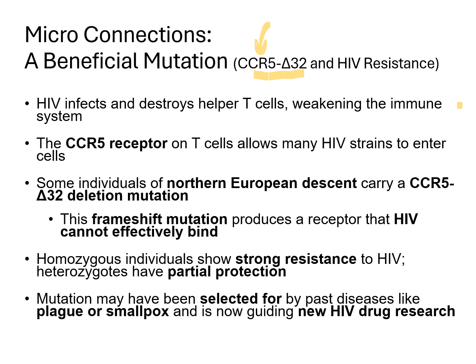But in this mutation, people that are homozygous, that have 2 copies of this mutated gene, lack a functional CCR5 receptor, and they're resistant to infection, whereas heterozygotes, which have only 1 copy of this mutation, have partial protection. So this mutation likely became common in Northern Europe due to natural selection, maybe during smallpox or plague outbreaks, and today it's guiding new HIV drug research.